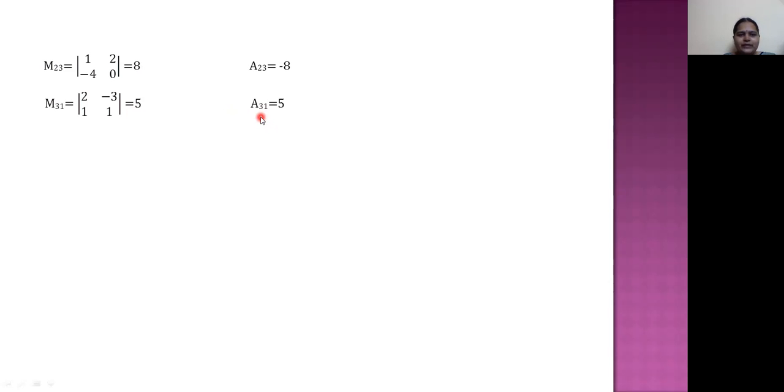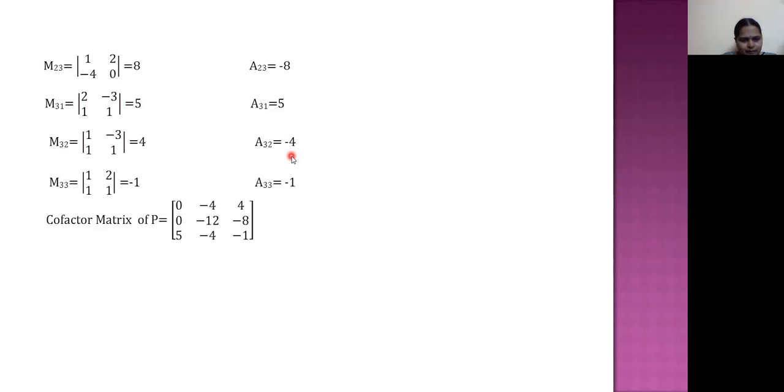Because here we took negative, it will be positive, so 5 remains the same. Next M32, third row second column: if we delete it, we have this 2 by 2 matrix and its determinant is 4, and since we took positive before, we take the negative value here.